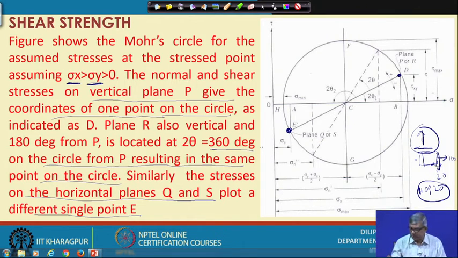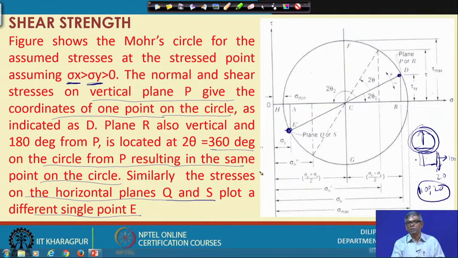Suppose I read this face, then I will get this point, and when I read the other face, this one is again at 180 degrees from this plane. So, on the circle it will be rotated by 360 degrees, then it will come back to this point. So, this face and this face represent this point.